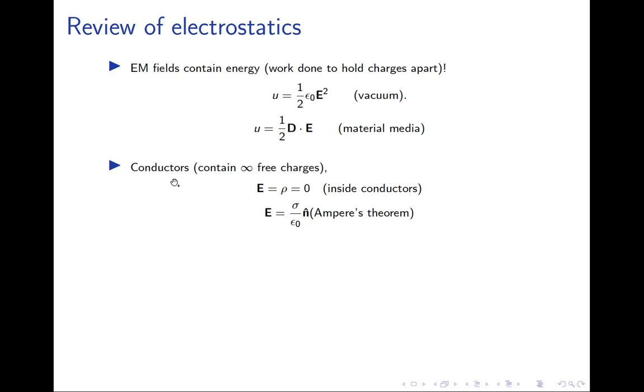And then we considered conductors, which are defined to be a class of matter which have an infinite amount of free charges, and as a result we saw that any electric field inside gets neutralized because the free charges begin to separate on the opposite boundaries of the conductor. For example, positive charges get attracted in the direction of the applied electric field, and negative charges get attracted in the direction opposite to that.